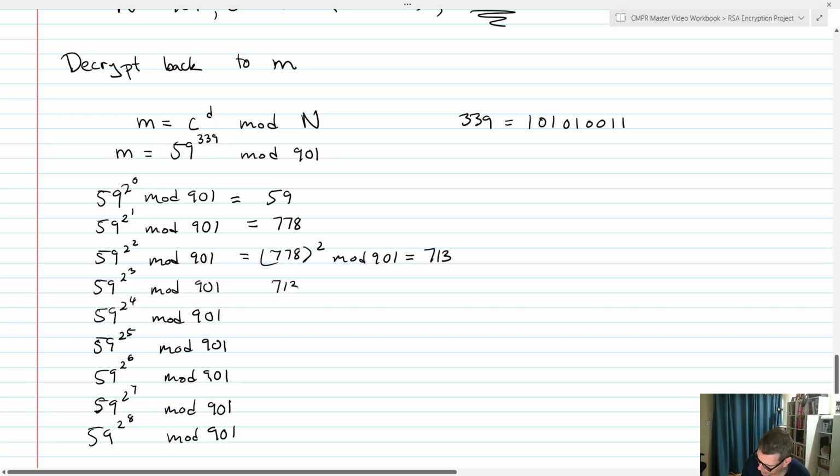Then we'll take 713 squared, mod 901, and that'll end up equaling 205. Then we'll take 205 squared, mod 901, to give us 59 to the 16th, and that's going to end up equaling 579.